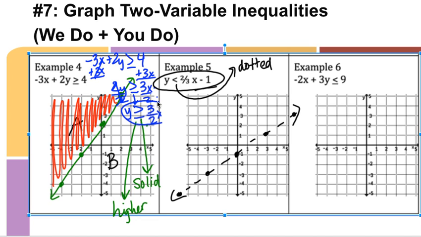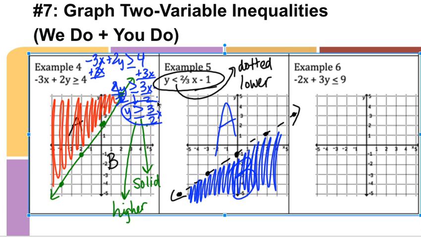Okay, now this is a less than symbol. It's pointing to the left. It's less than, so that means I'm going to shade lower. So if I have two big sections that I've created, this big section A and this big section B, then A or B is lower? B is lower, so I'm going to shade all of section B.